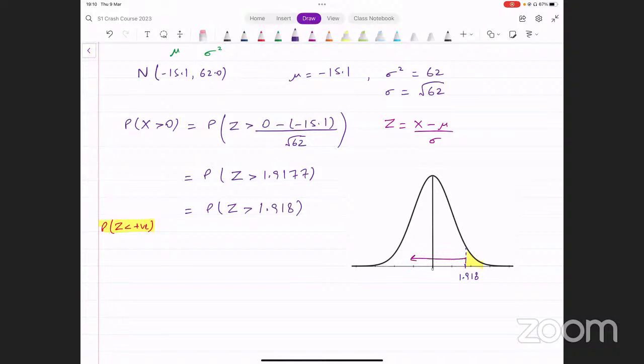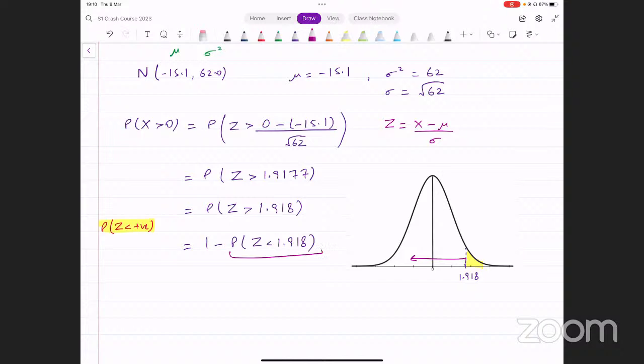How do you find this? You can say it's the same as 1 minus, since the total area under the curve is 1, we subtract from 1 the probability of z less than 1.918. So we find the area to the left of 1.918 and subtract that from 1. That would leave us with this yellow region.